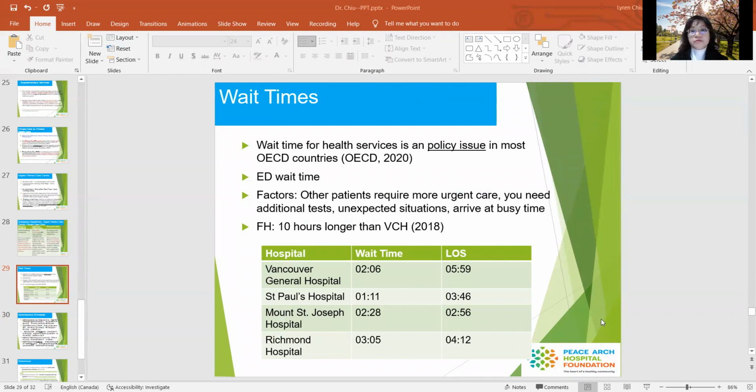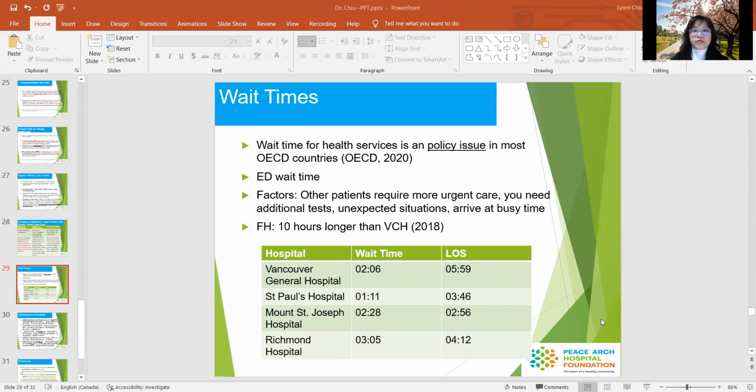There are several different kinds of wait time, but here it's more general. People might want to ask about emergency department wait times. And Fraser Health, compared with Vancouver Coastal Health, their wait time is much longer, depending on other reasons, maybe resources are fewer.